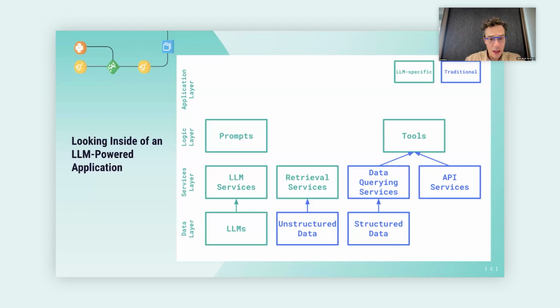Okay, we're missing something here though. These arrows aren't coming together anymore yet. So let's bring those arrows together. And where do those arrows all come together? Well, they come together in agents.